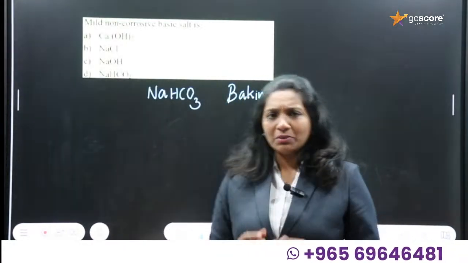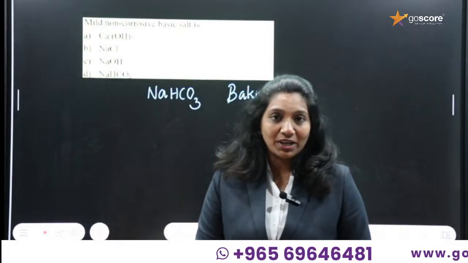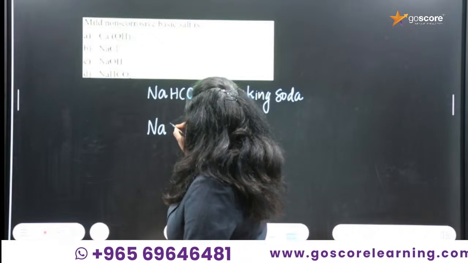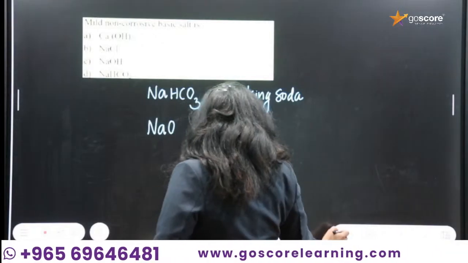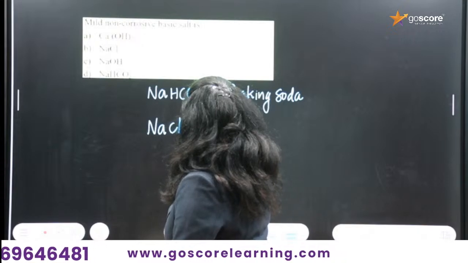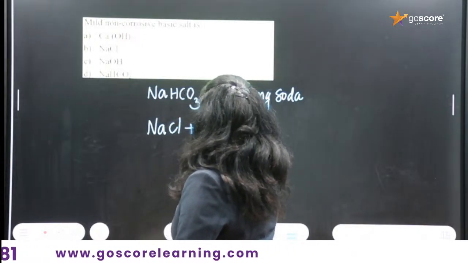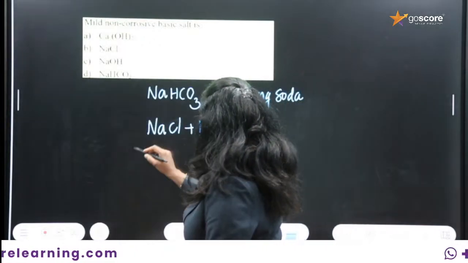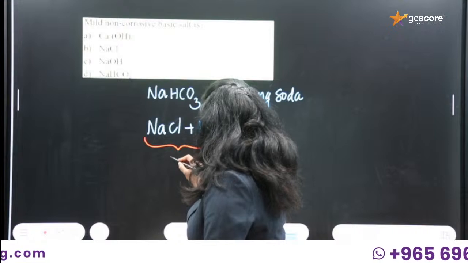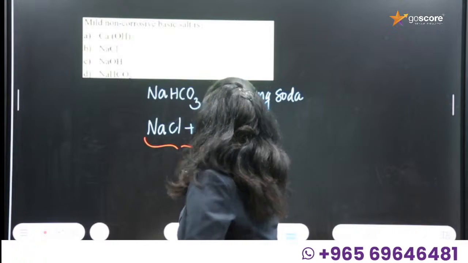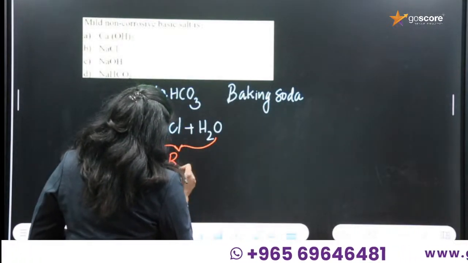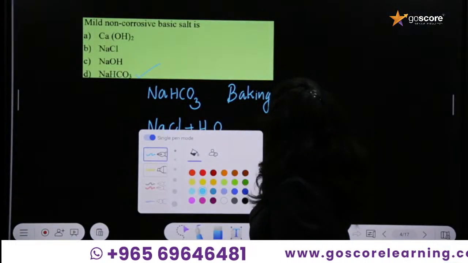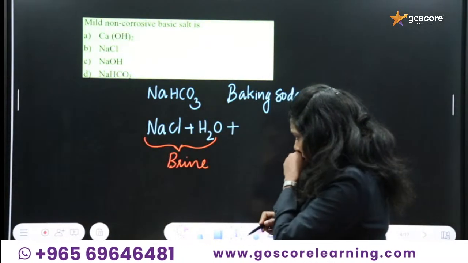And do you remember the method of preparation of baking soda? What are the reagents that we will use to prepare baking soda? It is NaCl plus H2O. What is this NaCl plus H2O known as? It is called brine, right? Brine. Okay. And what is the next reagent?